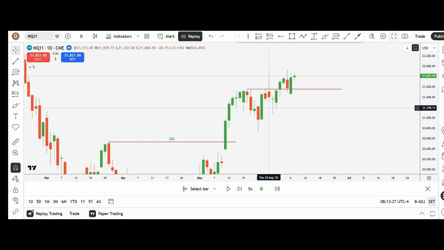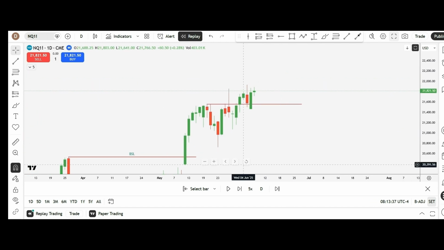Okay. And then we moved up above it with strong candles, retested it, and probably continued to the upside.